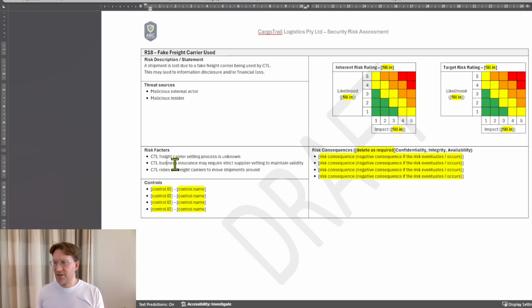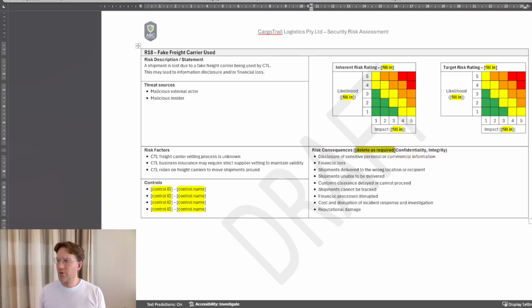We don't know if the CTL business insurance requires stricter supplier vetting in order to be valid. If they didn't vet suppliers at all or didn't check them strongly enough, then maybe their insurance wouldn't apply. And we know that CTL relies on freight carriers to move shipments around, that they don't actually do the transport themselves. So they need to hire people to do this.